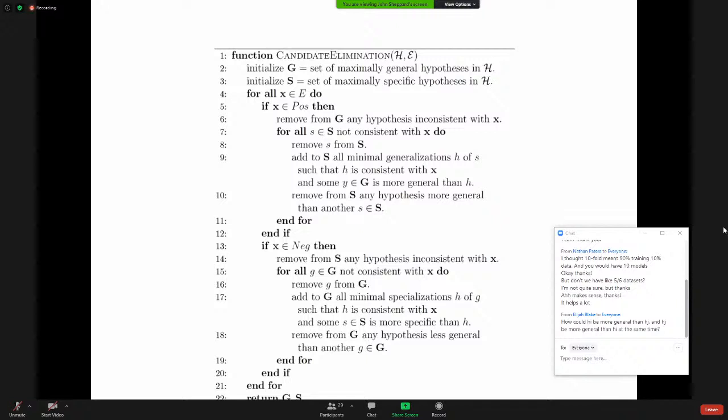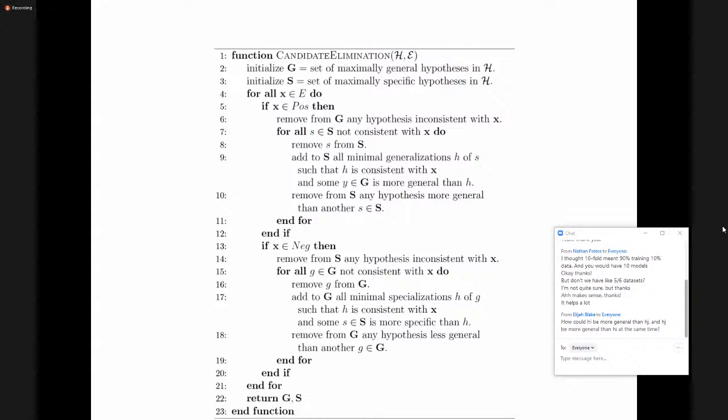Another way to read that is that the set G is more general than any hypothesis in the hypothesis space, and the set S is more specific than any hypothesis in the hypothesis space. And so that brackets the entire hypothesis space.